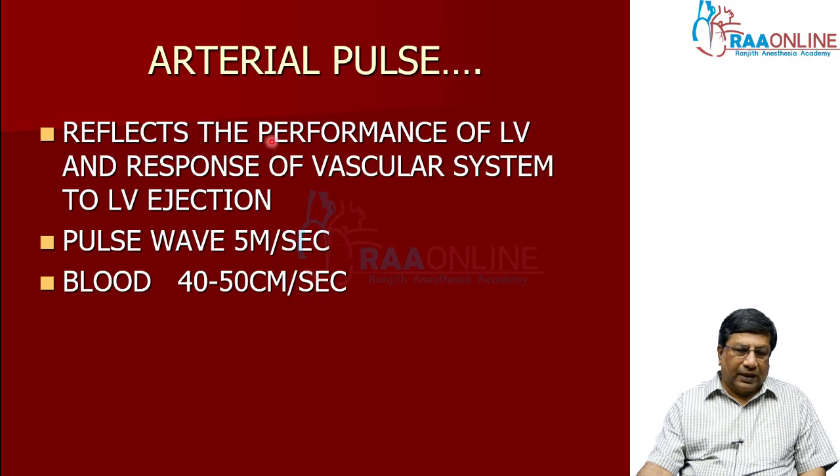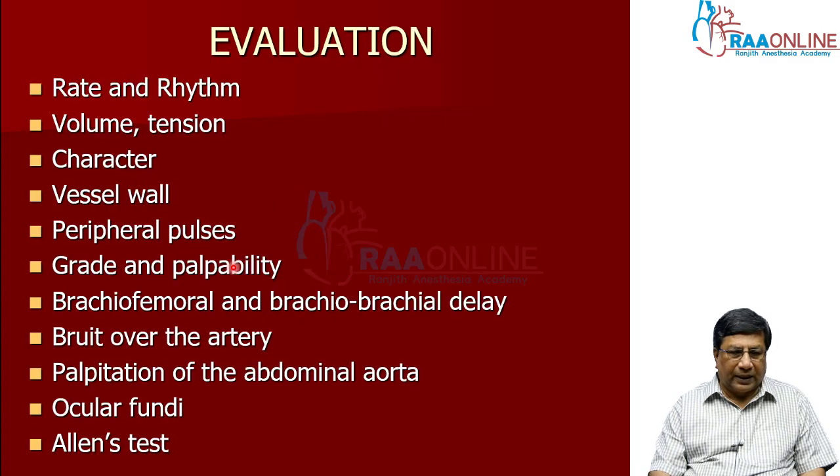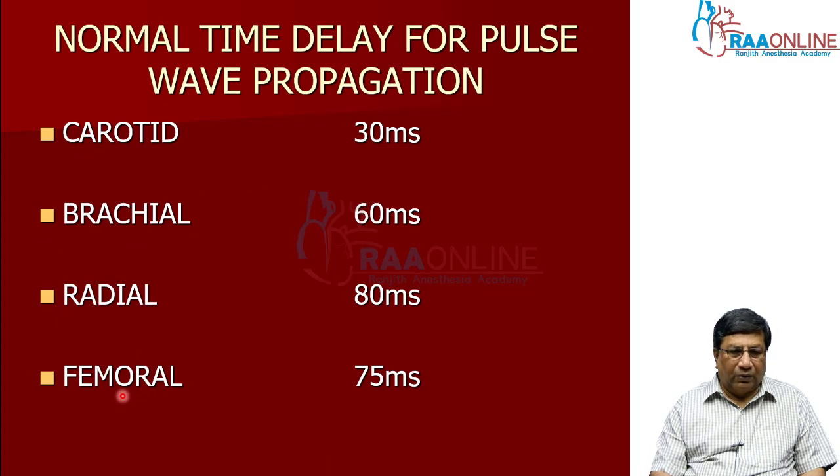When the left ventricle ejects the blood, the pressure wave travels very fast when compared to the actual blood column. That's why we see the pressure wave first, which travels at 5 meters per second, whereas the blood travels at 40 to 50 centimeters per second. So, we have to see a lot of things in the examination of arterial pulse. We'll see one by one.